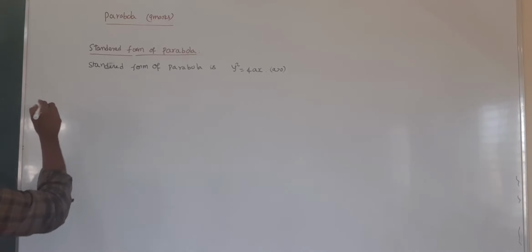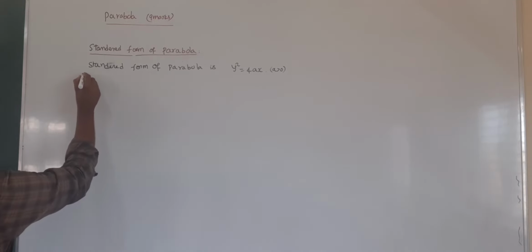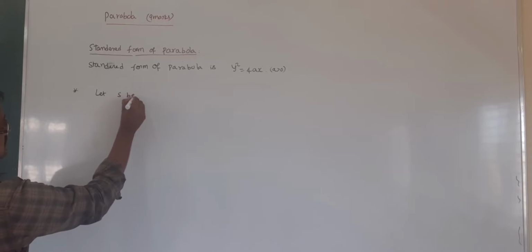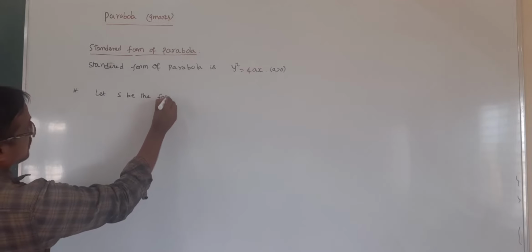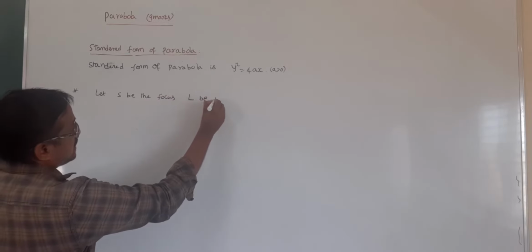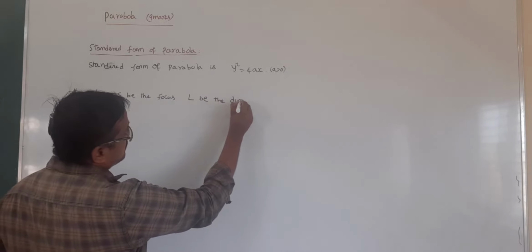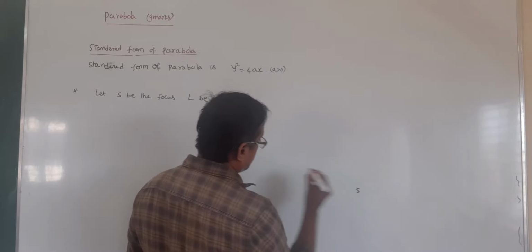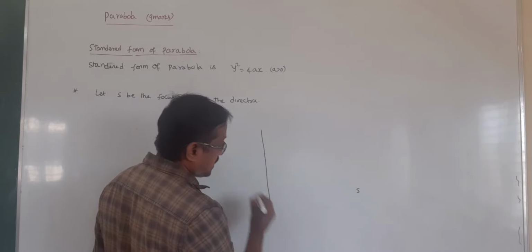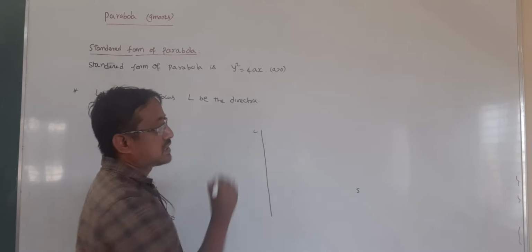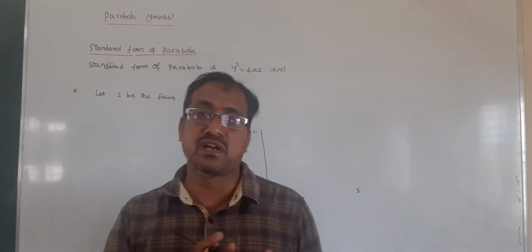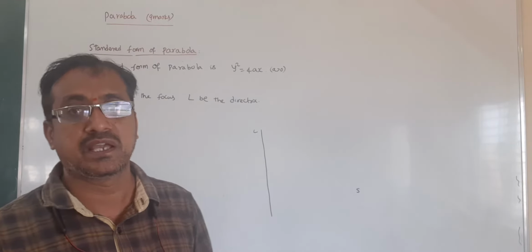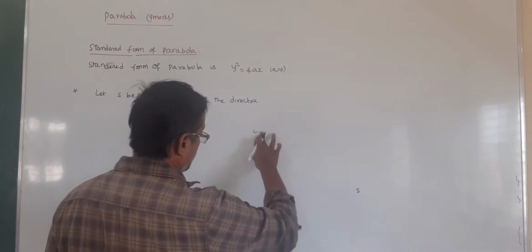So now let S be the focus, L be the directrix. We know that the points which are equidistant from the focus and directrix always lie on a parabola.